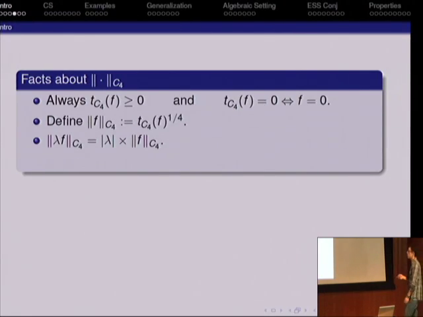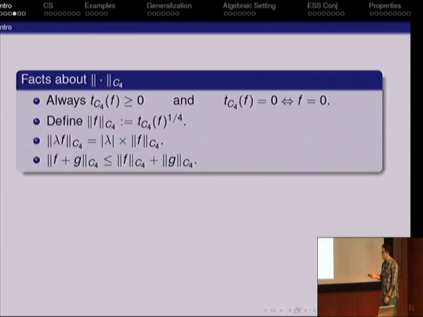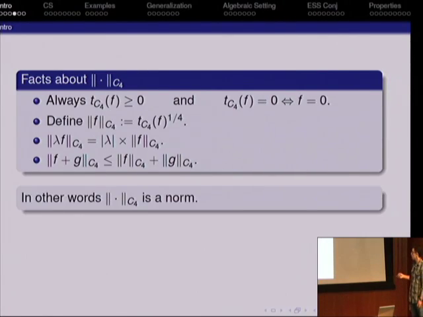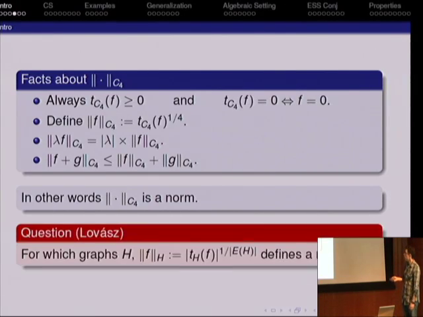Another important property it has is that it's subadditive, so it satisfies the triangle inequality. It's not trivial, so you need to prove it, but it's not a difficult proof. It's just a bunch of Cauchy-Schwarz inequalities. So we have these properties, which basically tell us that this is a norm. It satisfies the 3 axioms of a norm.